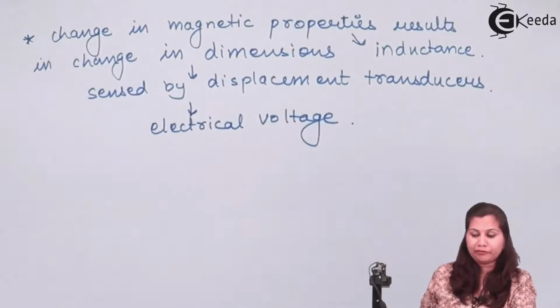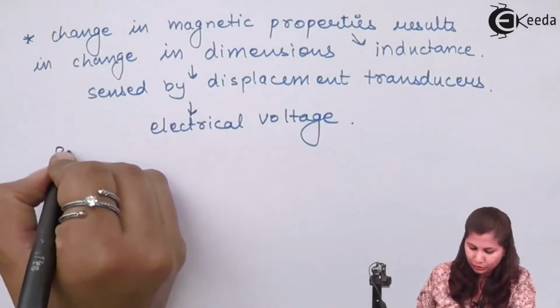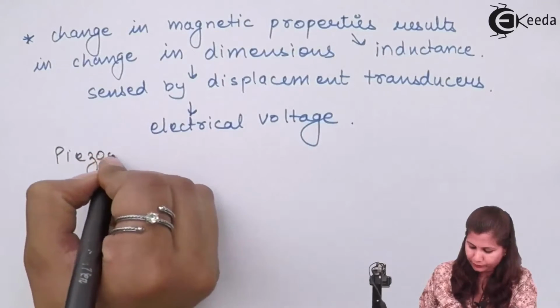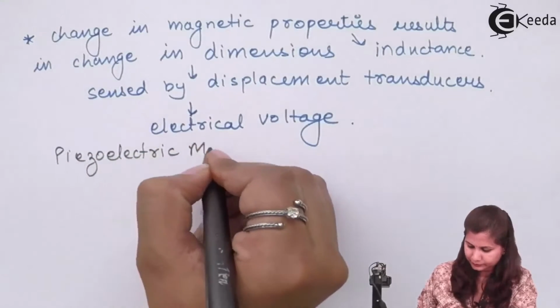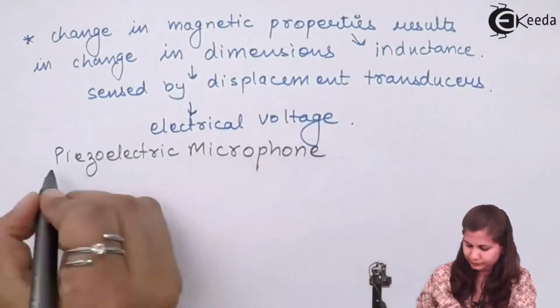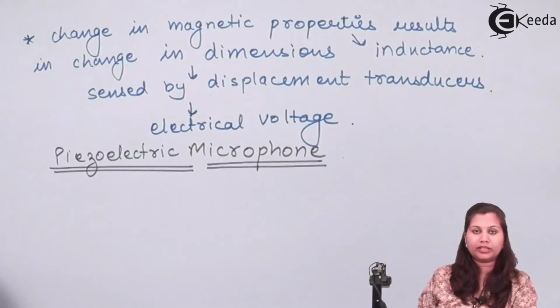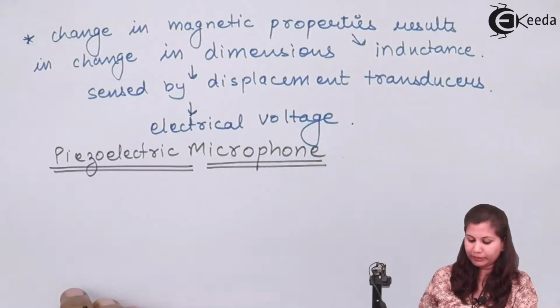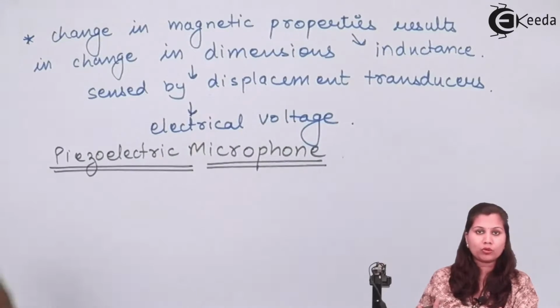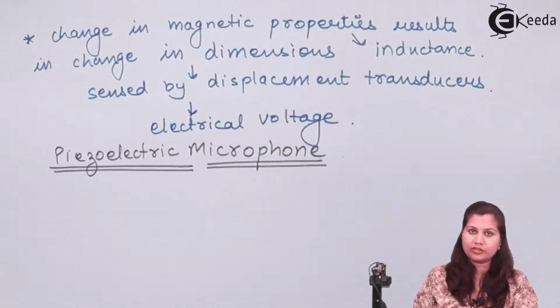Now the next type of microphone is the piezoelectric microphone. Piezoelectric microphones use piezoelectric crystals, and we know that piezoelectric crystals have the property that when force is applied over them, then an output voltage is generated.